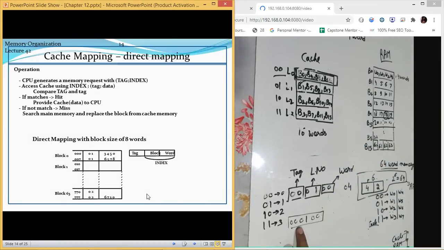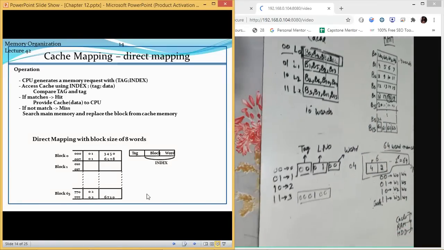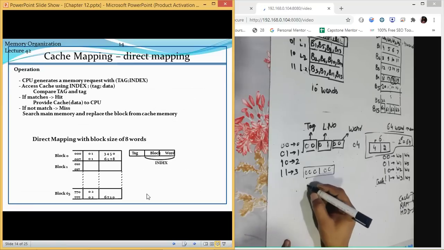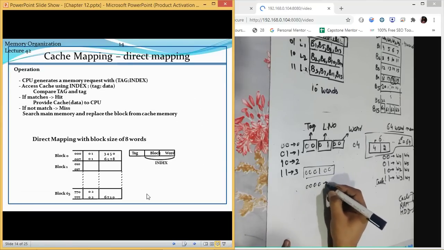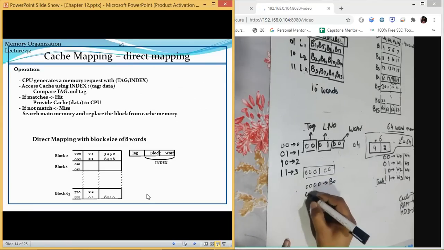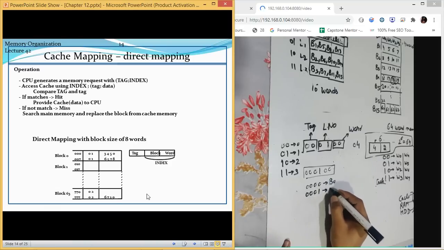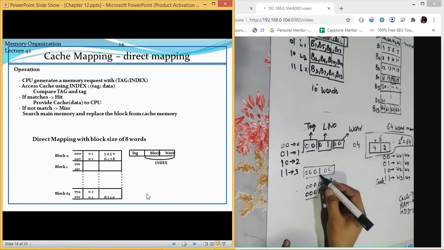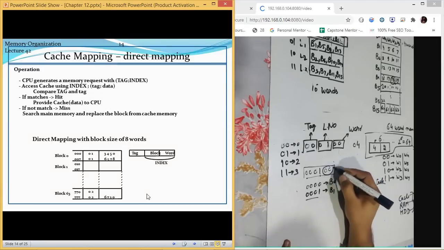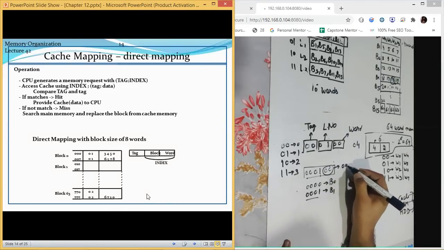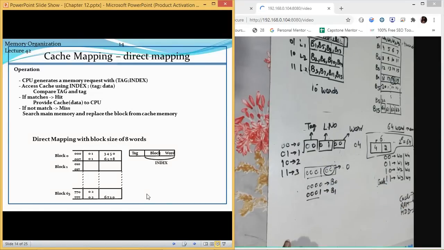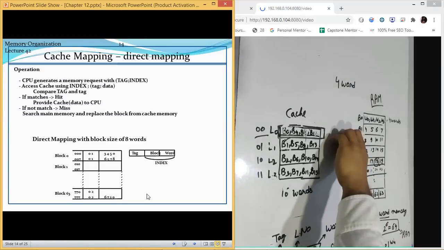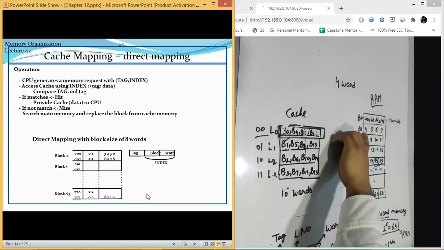So if we write 4 bits, 0000 is block 0, and 0001 will be block 1. So it is saying it is in block 1. And what is the word number? It is 00, so it means it is at the 0th location.